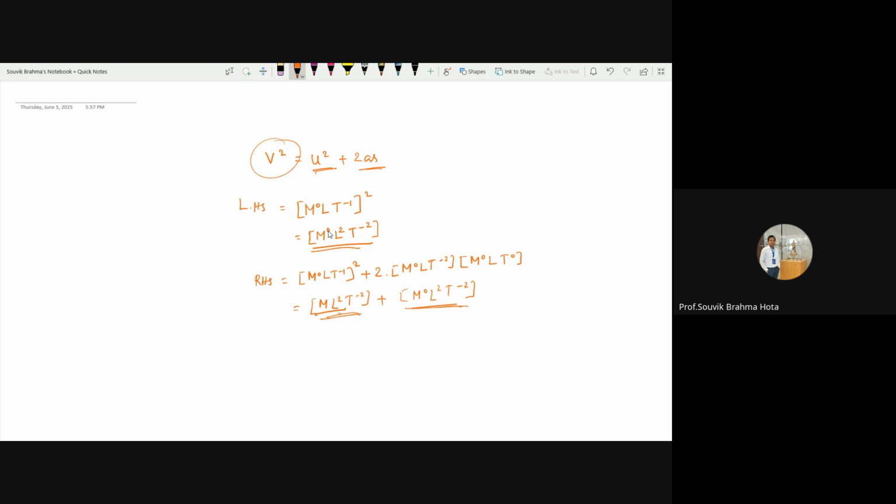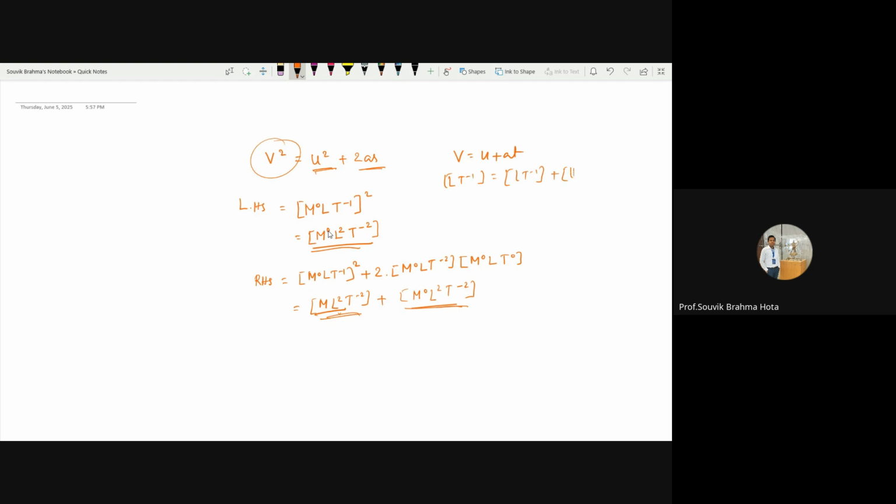Let's take an example of another concept. Suppose you have v equal to u plus at. Then you know this is L t to the power minus 1 over here, and here also L t to the power minus 1.